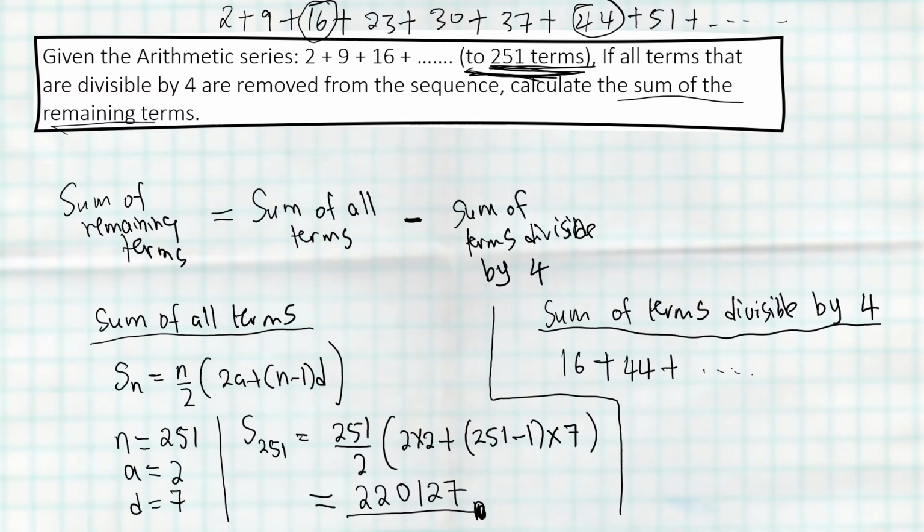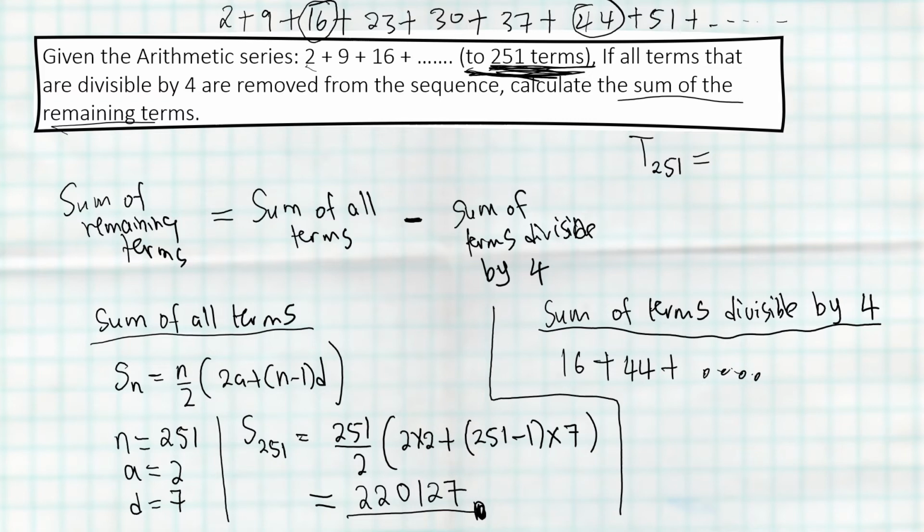Let's quickly go and get maybe the last term that will be divisible by 4. Can you see? So here they told you that these terms go until we reach 251 terms, right? But we don't really know what term 251 is, so this can also help us to get the last term.